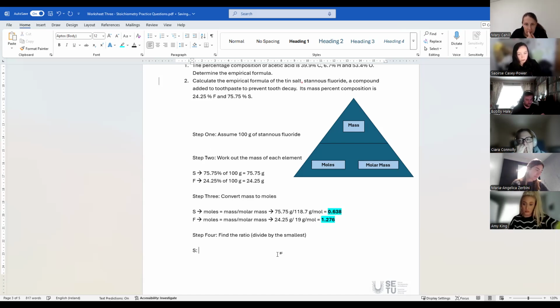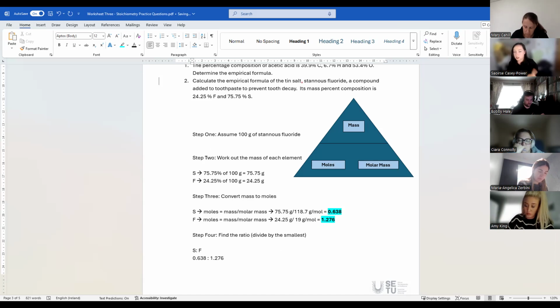If I want to make a ratio of these two in terms of moles, it would be 0.638 is to 1.276. So in this case, my tin, or my stannous, is 0.638, so obviously that's the smallest.